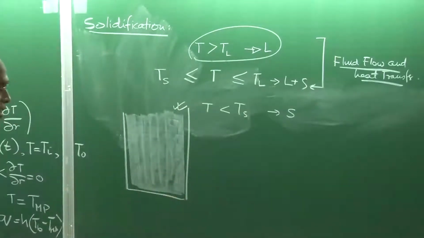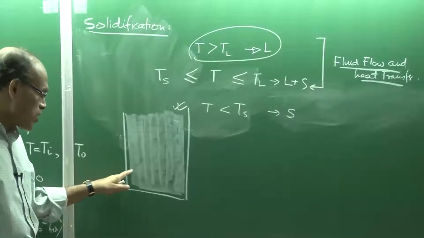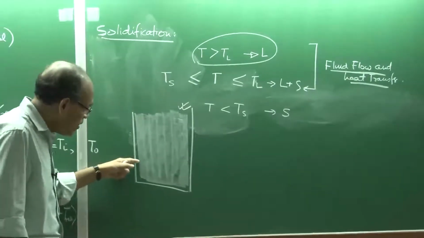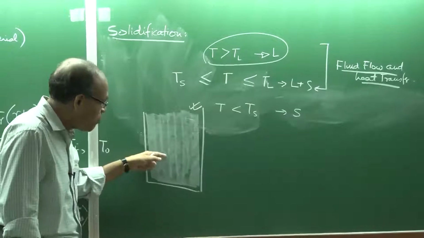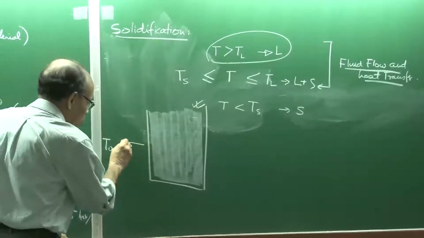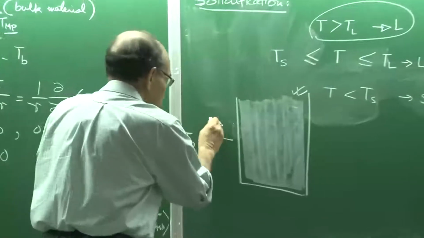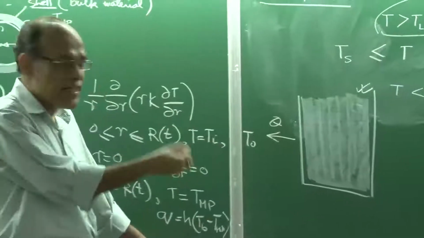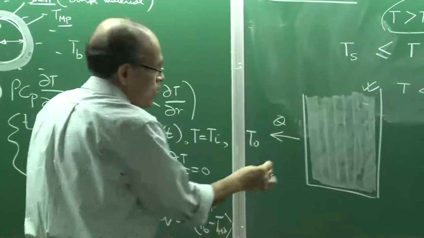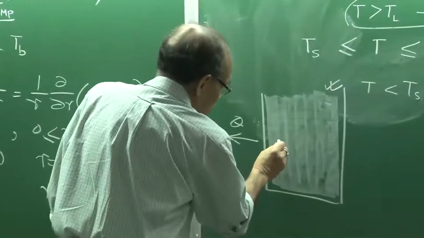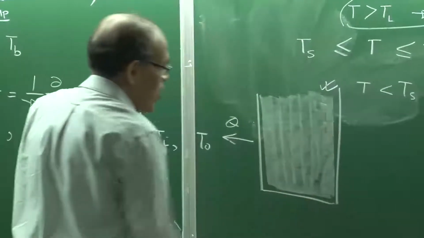So the surface becomes solid first, and then the solid front keeps on moving, opposite to the direction of heat extraction. Heat is extracted from the mold to the outside, so the solidification front is going to grow in this particular direction.